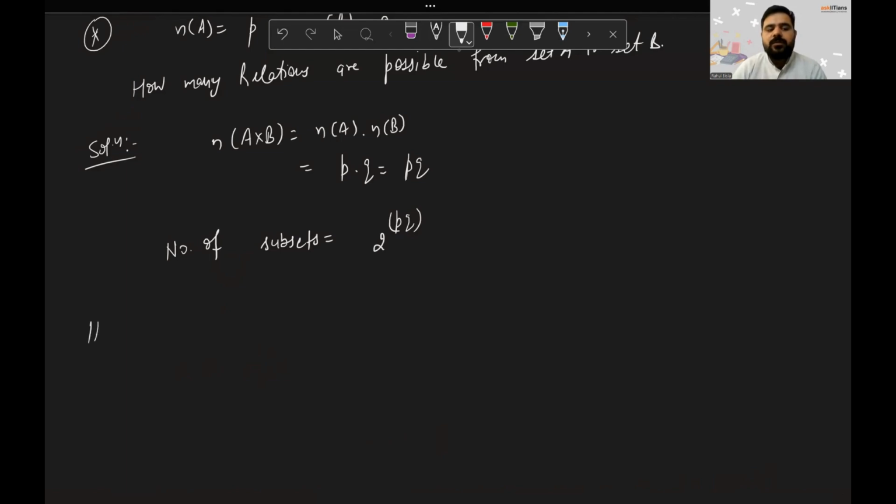Now comes the discussion of the number of non-void relations. If we are looking at the number of non-void subsets, here it becomes the number of non-void relations. So when are we going to get the void relation?